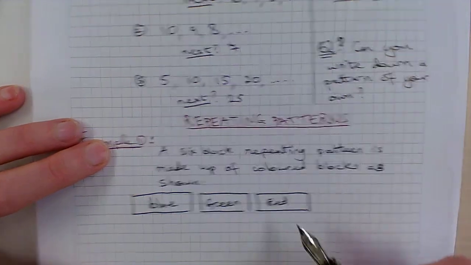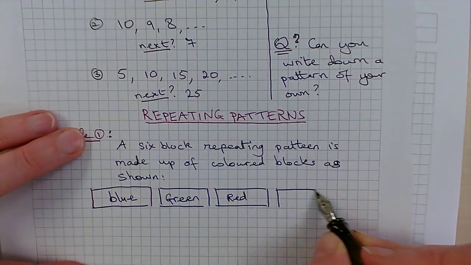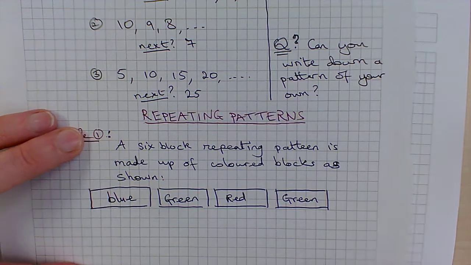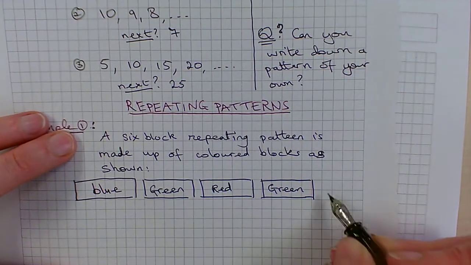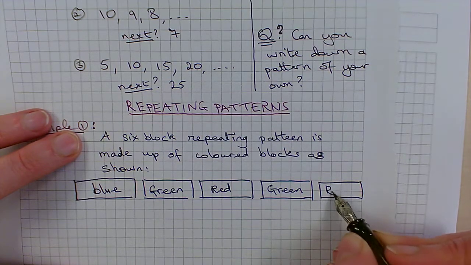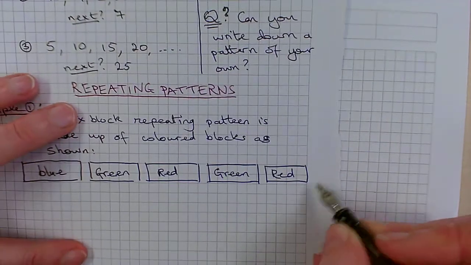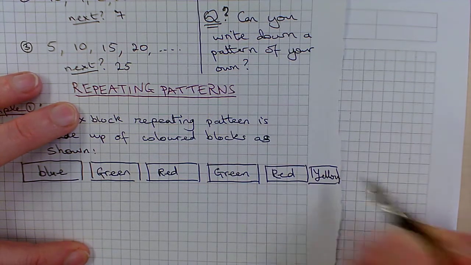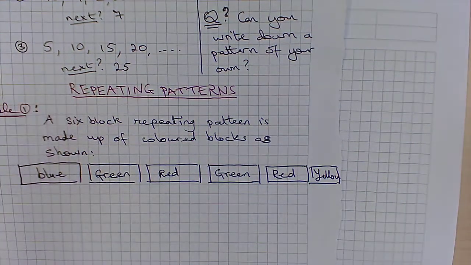red, then green again. Just because it happened once in this pattern, we can get repeats. I didn't do a good job here. Red again. And the final one is yellow. Sorry, I kind of squished this in. I didn't lay it out great.